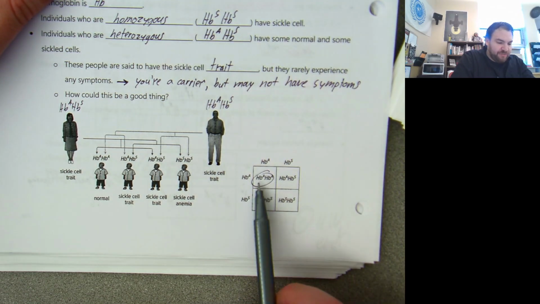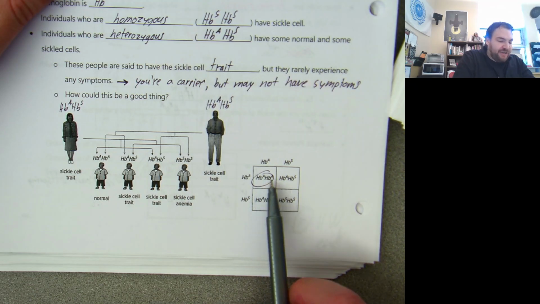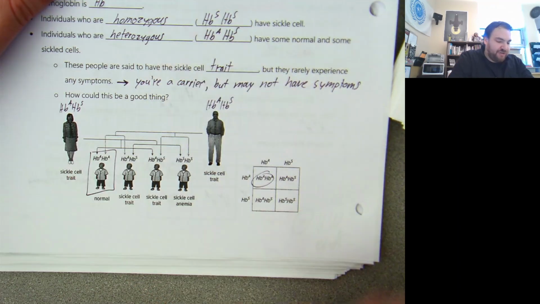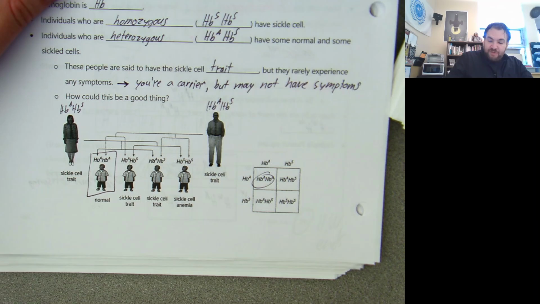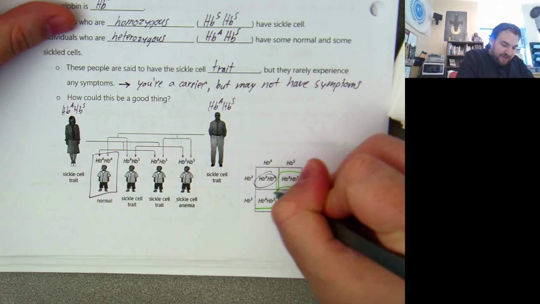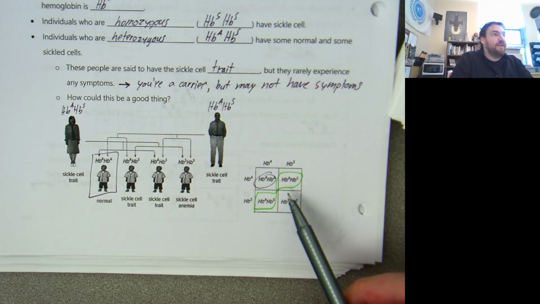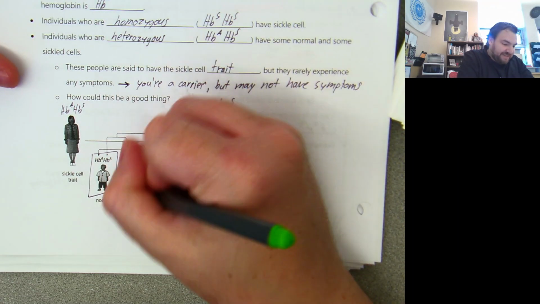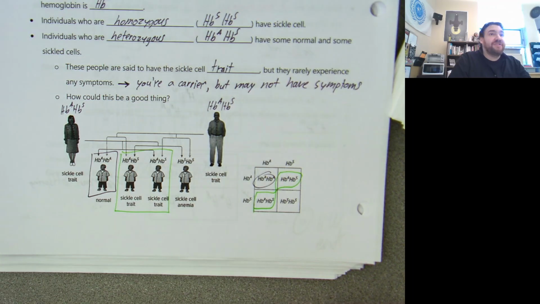25% of your children could end up HbA, HbA, totally normal blood cell production. You could have 50% of your children, this middle chunk here, themselves be heterozygous, which means they have the trait, but they don't necessarily have any symptoms.